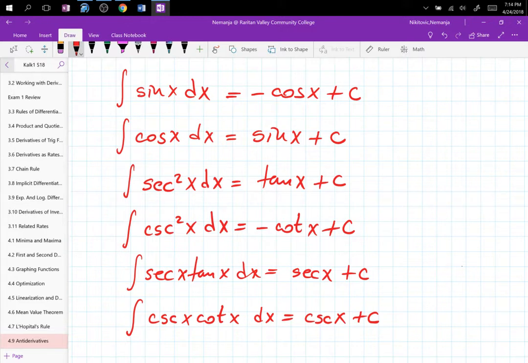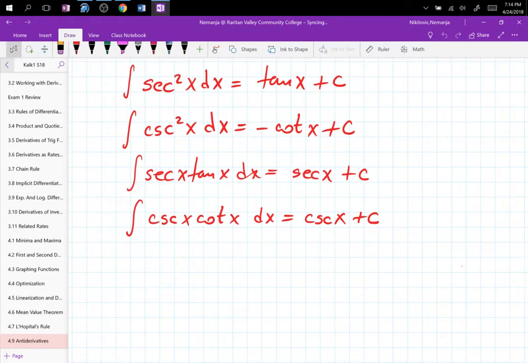And then when you go to Calc 2, you are going to have a whole section on trig integration, then another section on substitution using trig. It's called trig substitution, trigonometric substitution. Yeah. So there will be a lot more of this coming up.